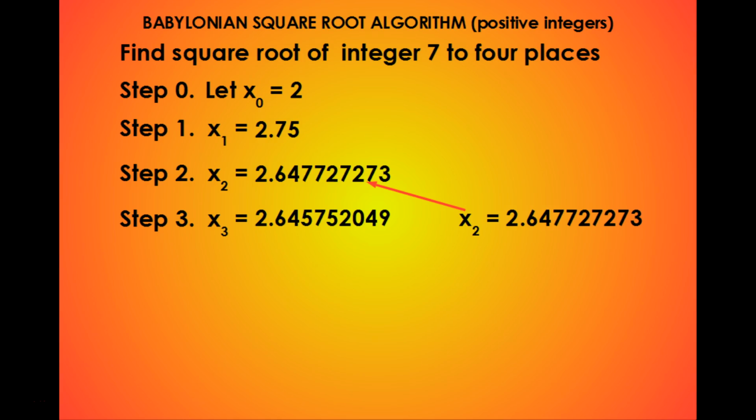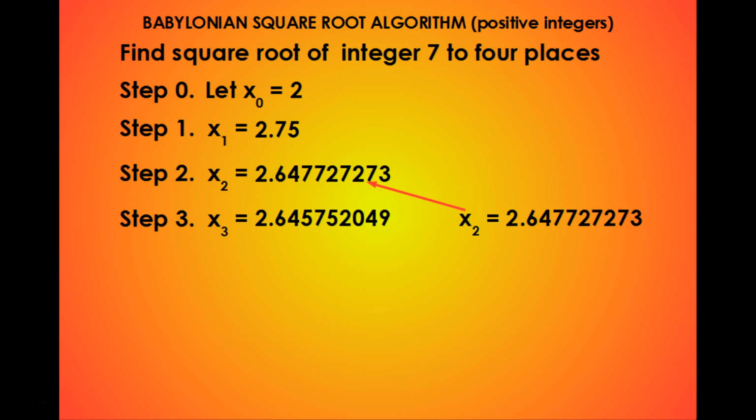We can stop now and pause and look to see how many places after the decimal point are agreeing. At this moment, we've only got 0.64, which is the same in x2 and x3.